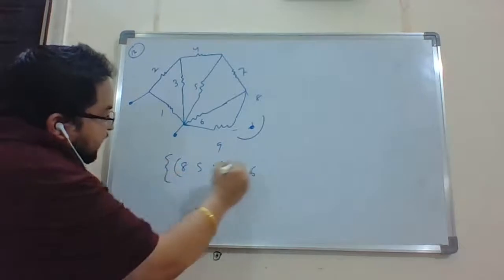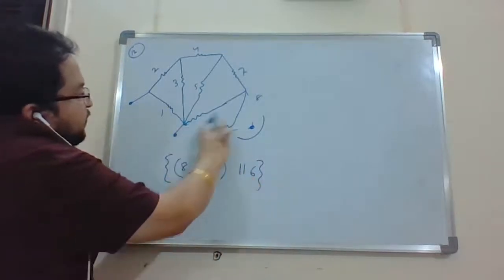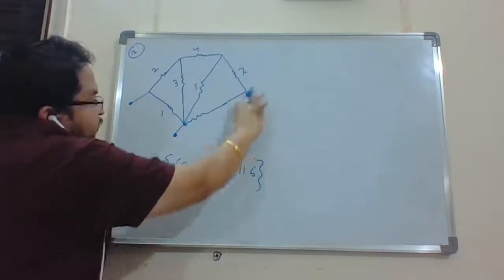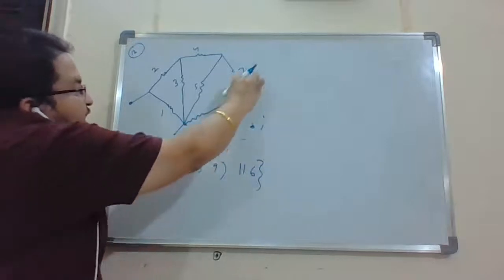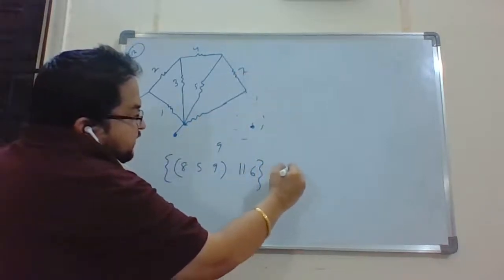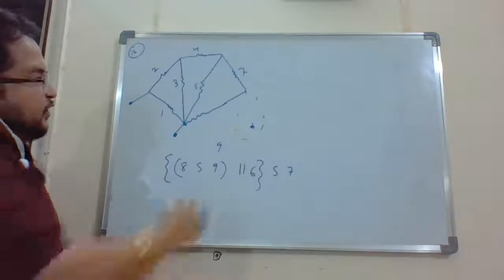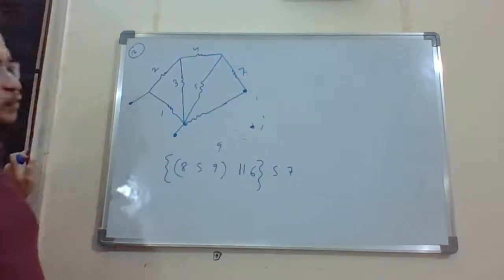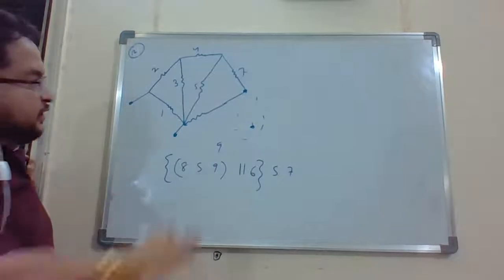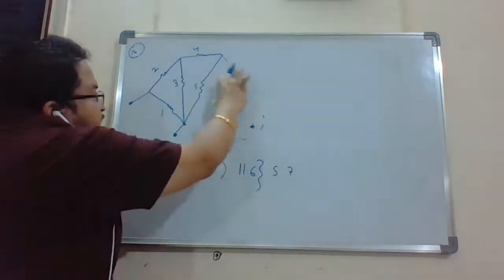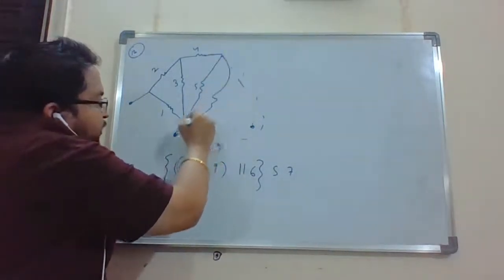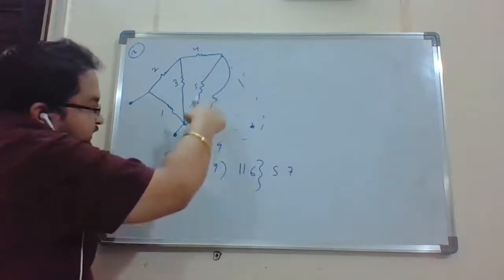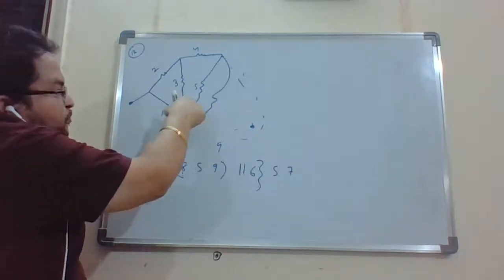Now, this entire thing, whatever is their equivalent resistance, would again be in series with 7. Why? Because again, at the junction point there is no third connection. If these two are in series, you can remove both of these and just put that one resistance here. This entire stuff is in parallel with 5.